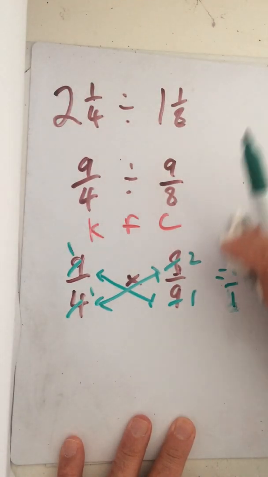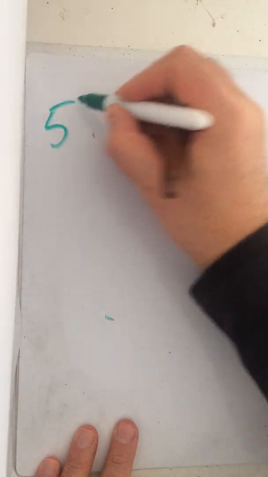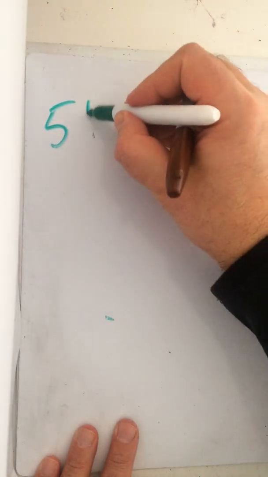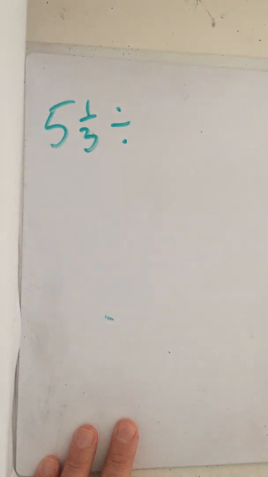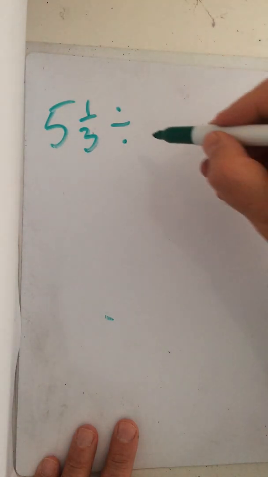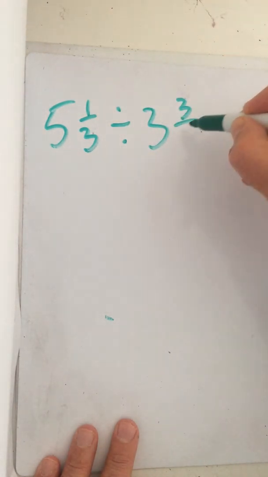Let's just do one more. So we've got 5 and 1/3, and we're dividing that by 3 and 3/4.